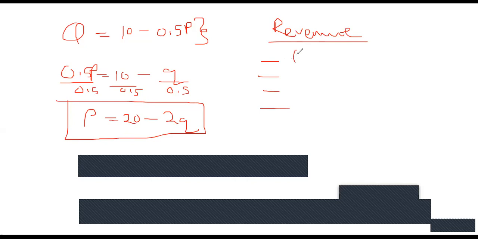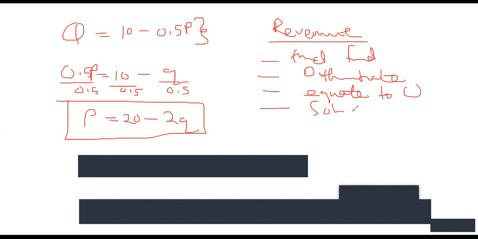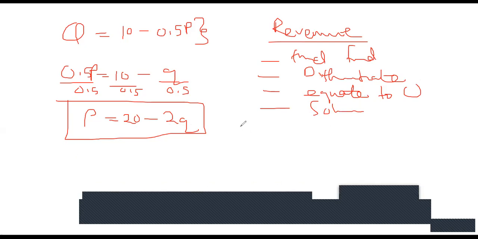You first need to find the function and differentiate and equate to 0 and so forth, in terms of Q and P. Never here maximize. Here optimizing. So if you want to maximize revenue, step 1, find the revenue function. Total revenue is equal to what? Price times quantity. Our price here is given as 20 minus 2Q.